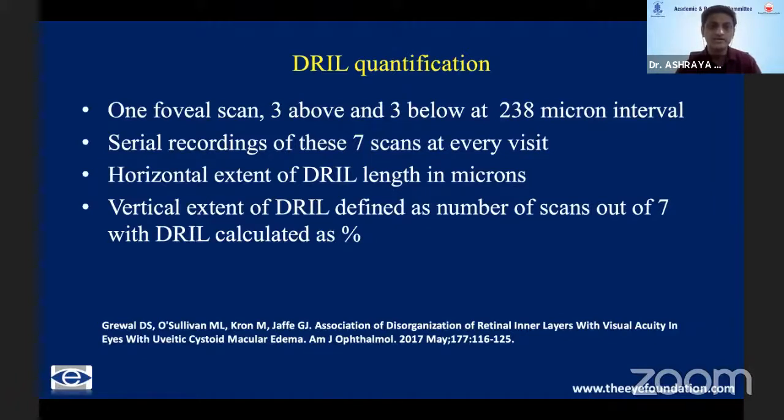They recorded serially on these 7 scans at every visit, and the horizontal extent of the DRIL was measured in microns, and the vertical extent of the DRIL was defined as the number of scans out of 7, with the DRIL calculated as a percentage. This is quite an easy and well-defined method of quantifying DRIL.